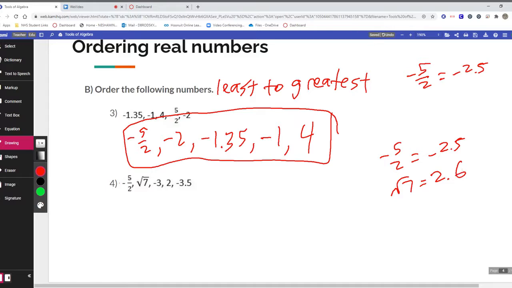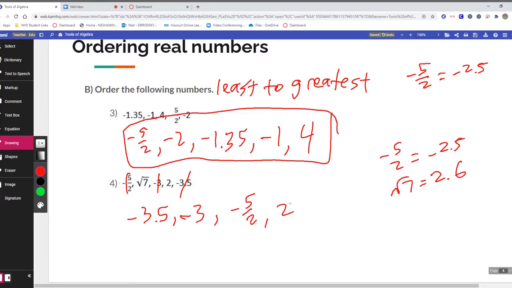So if I want to find out what's my least number here, I want the largest negative number. So that's going to be -3.5. Next would be -3, followed by -2.5, which is -5/2 in our given numbers. And then our two positive numbers, we have 2 and 2.6.